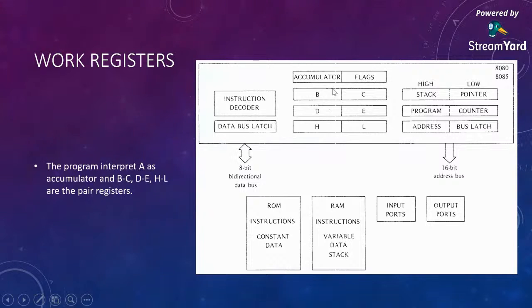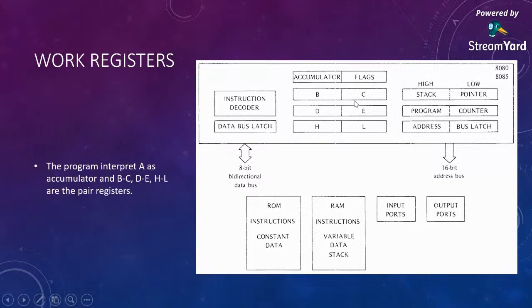Again, please see the position of the work registers. B and C, D and E, H and L are pairs. Those are couples, so do not try to break them up.